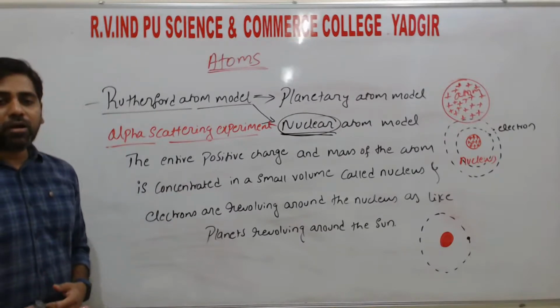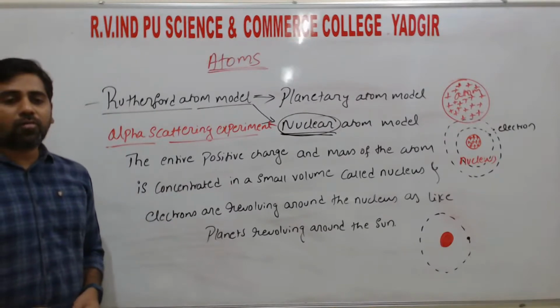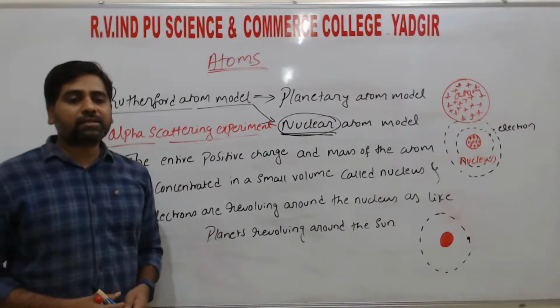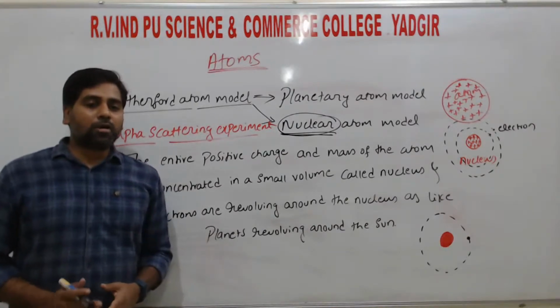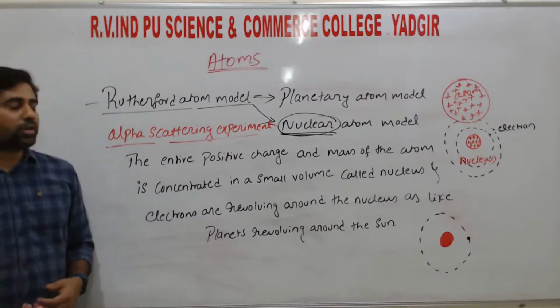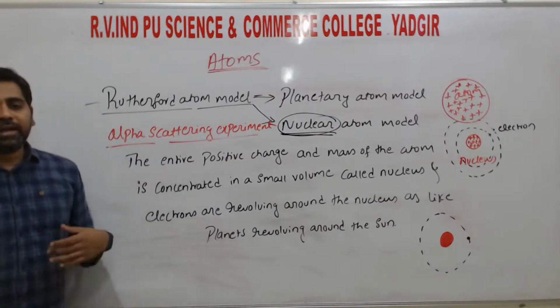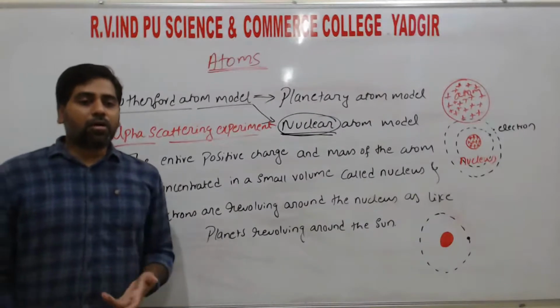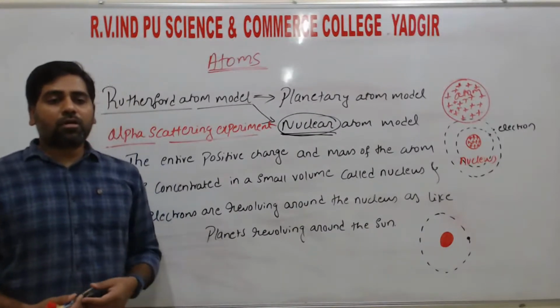Here we have three atom models, that is Thompson's atom model, also known as the plum pudding atom model, and the second one, Rutherford's atom model, which they named the planetary atom model or the nuclear atom model.